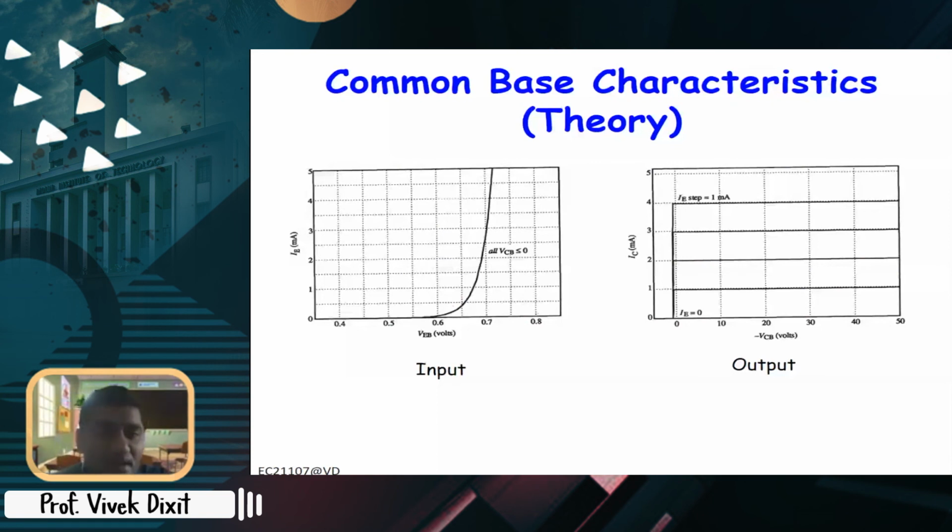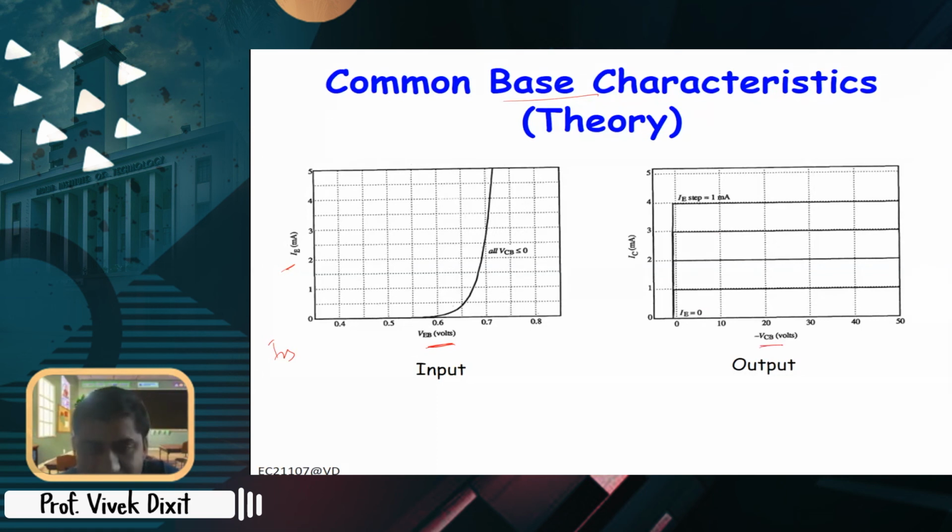So you can plot for the common base characteristic IE versus VEB. Now these two curves will be the same whether you write IE versus VEB or IB versus VEB. Only the magnitude will be different: IB will be less and IE will be more. And similarly the output characteristic IC versus VCB.